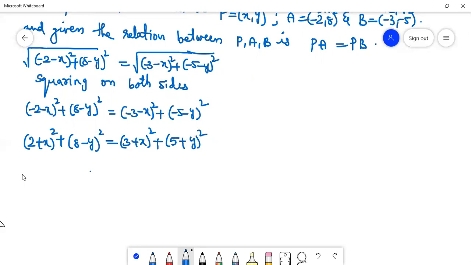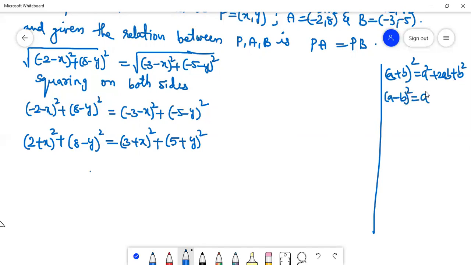By using the identities (a plus b) whole square and (a minus b) whole square, we can apply the expansion of the identities. (a plus b) whole square is equal to a square plus 2ab plus b square. And the other identity is (a minus b) whole square equal to a square minus 2ab plus b square. Next, expand.